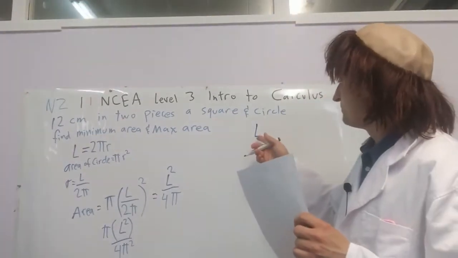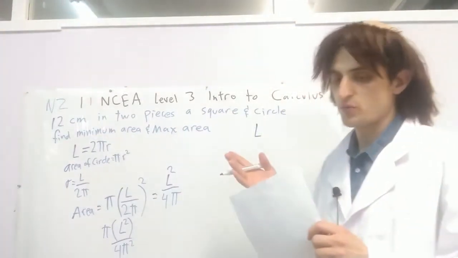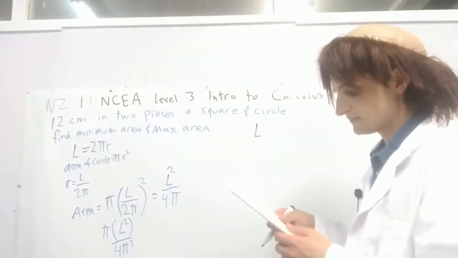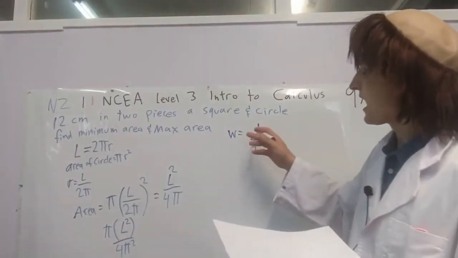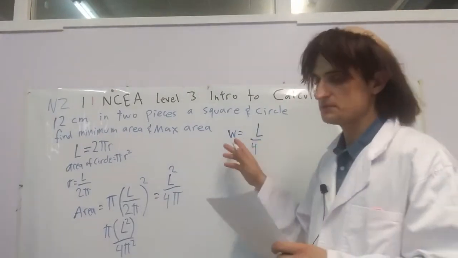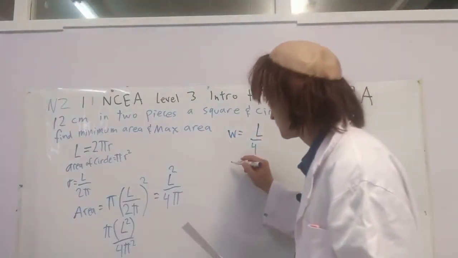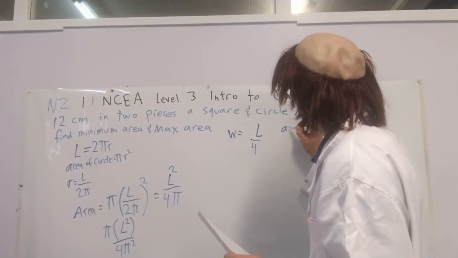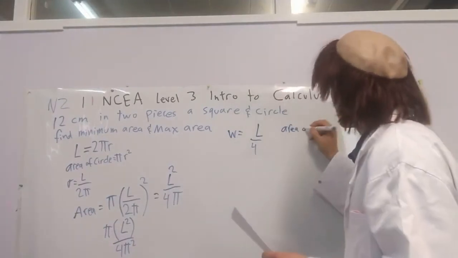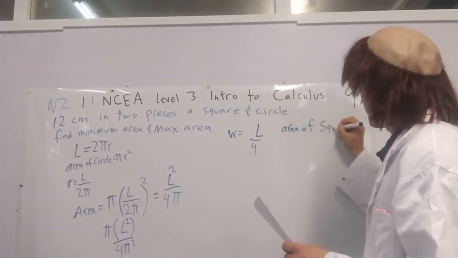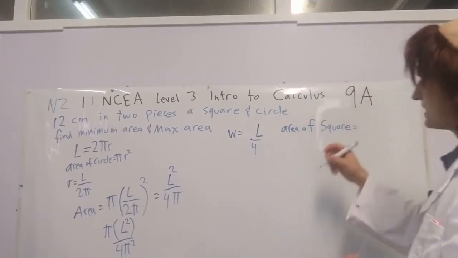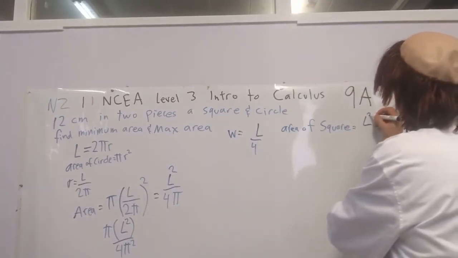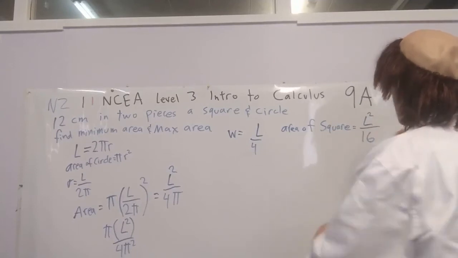Our L would be our perimeter of the square, which is 4 times the side. Our width is L over 4. And our area of the square is simply the width squared. So our area of our square is L squared over 16.